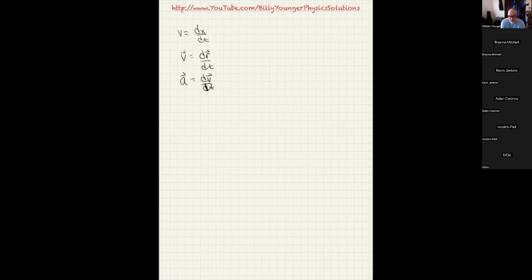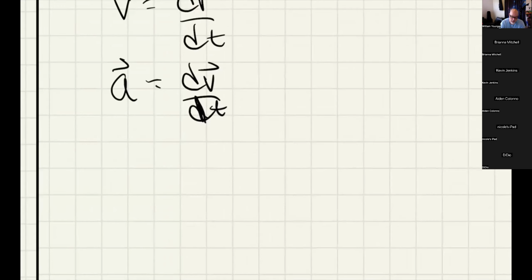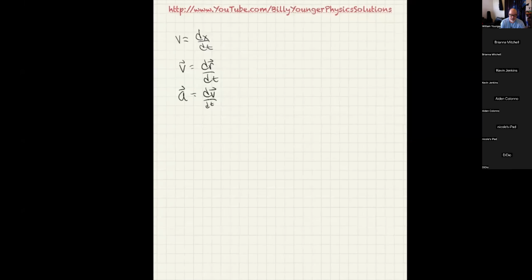And of course, we were able to use those equations to find kinematic equations. And in fact, they were kinematic equations that could be in terms of constant acceleration. For instance, when we first integrated a equals dv dt for a equals a constant, we got v is equal to v0 plus at.